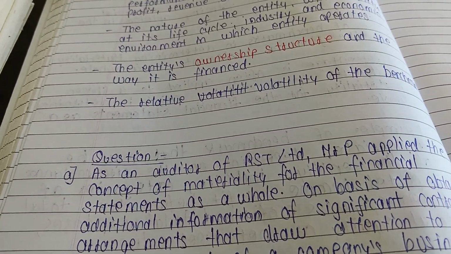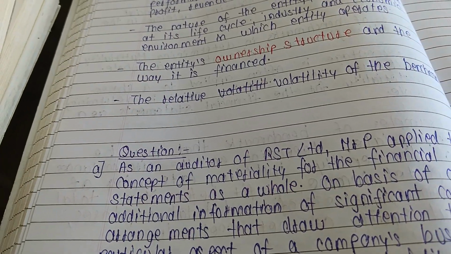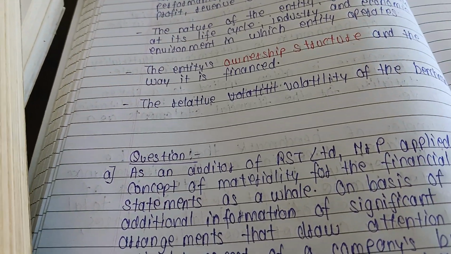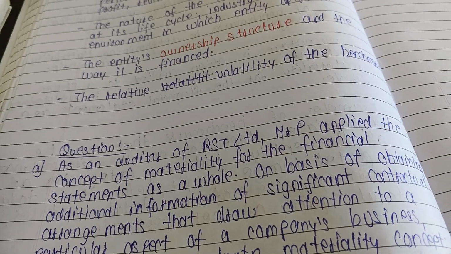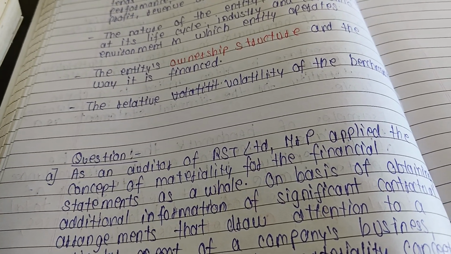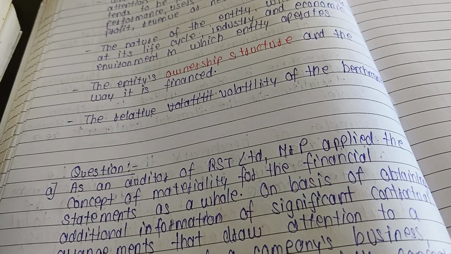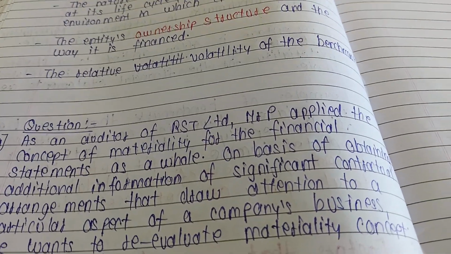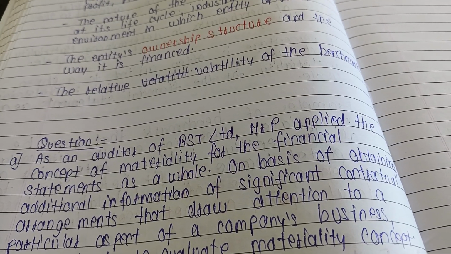Now, in this instant case, Mr. P, as an auditor of RST Limited, has applied the concept of materiality for the financial statements as a whole. But he wants to re-evaluate the materiality concept on the basis of additional information of significant contractual arrangements which draws attention to a particular aspect of the company's business.